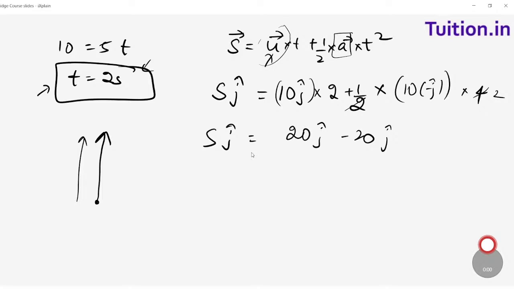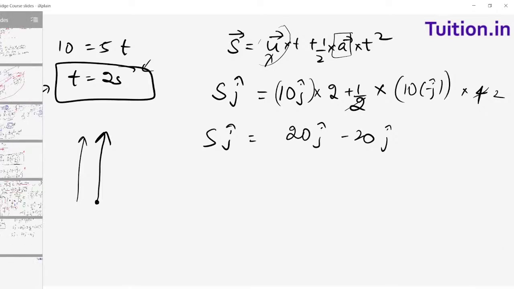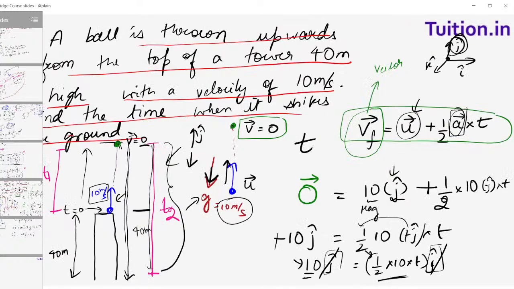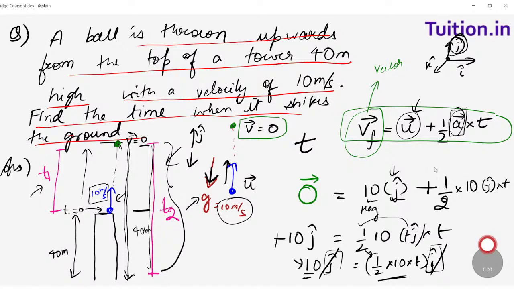Let me just see it quickly. Or did I do some mistake here while calculating time?